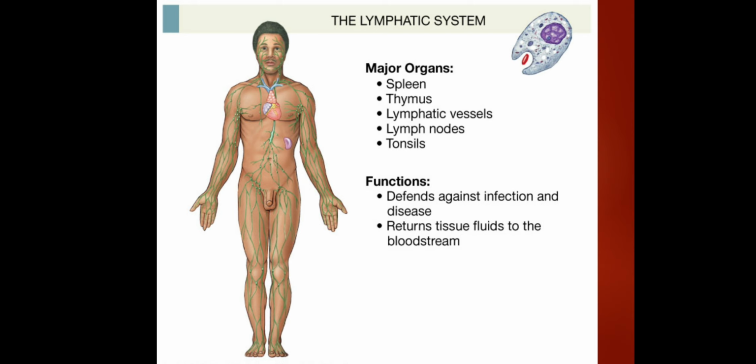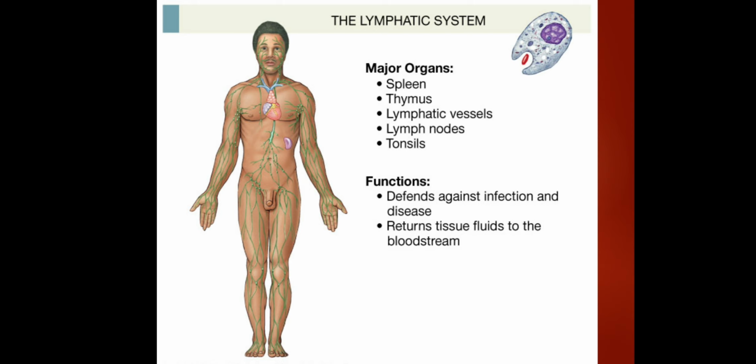In the simplest way of defining the lymphatic system, aside from defense against infection and disease, it can transfer lymph between tissue and the bloodstream. So that is the simplest function of the lymphatic system, the defender of the body.